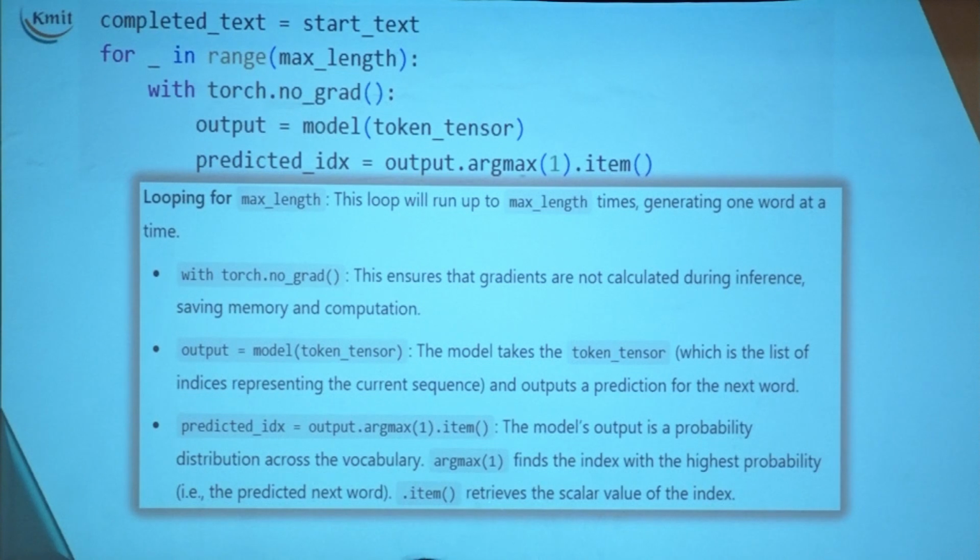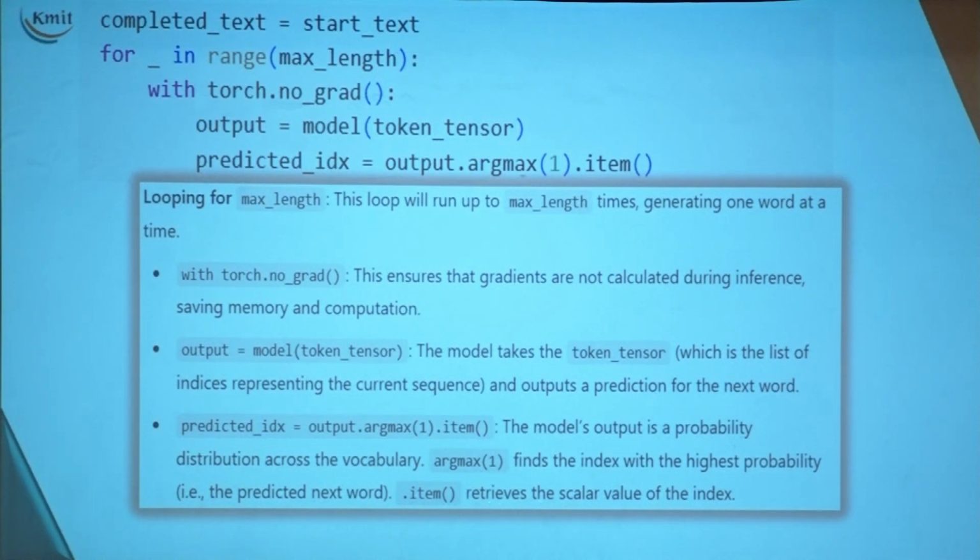Looping for maximum length. What is the maximum length that you have treated here? 10. Okay. So for 10 words it will be predicting the next word and printing those 10 words as a sequence. So you will be looping this 10 times. You will be generating 1 word at a time. So how many next words you want to generate will be dependent on this max length.